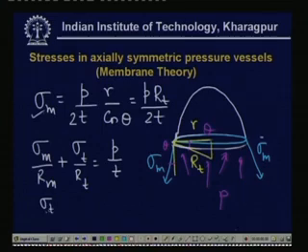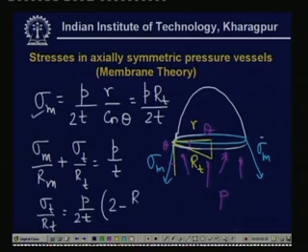So, sigma t by r t will be equal to P by t times twice minus r t by r m.